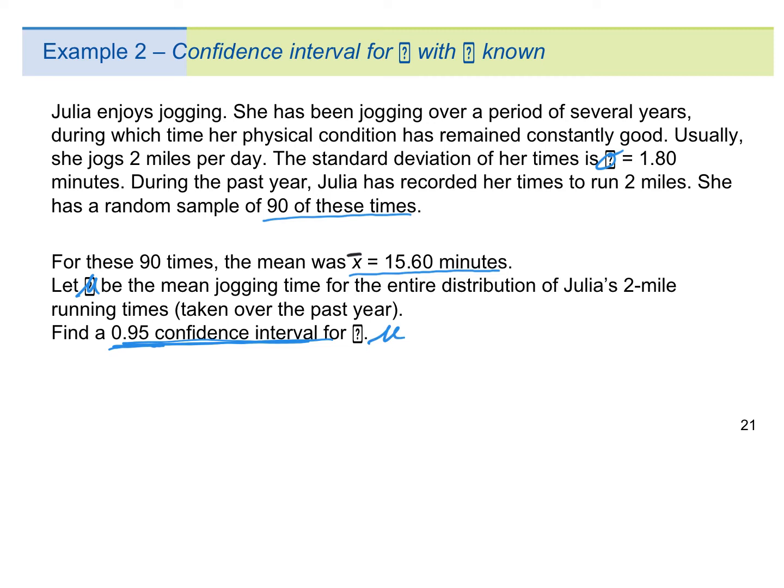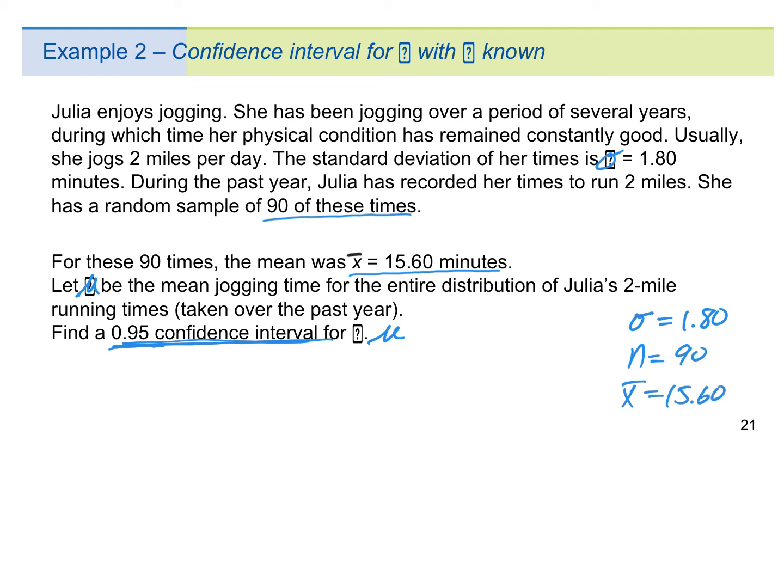Okay, so let's understand all of the pieces that we have. We have sigma, which is 1.80. Remember, this whole entire section is we're trying to find out mu when sigma is given. We know that n is 90, and we know that x bar is 15.60.